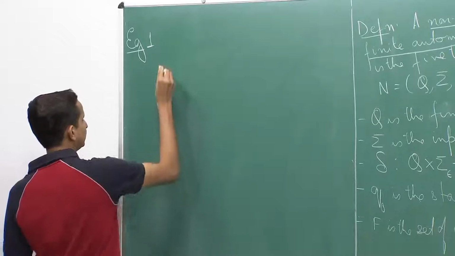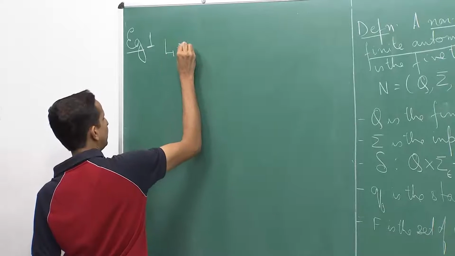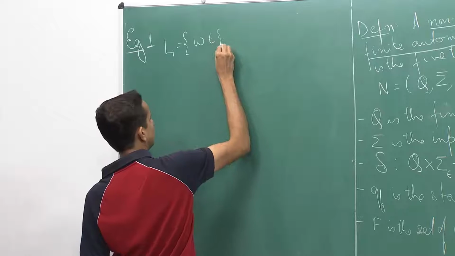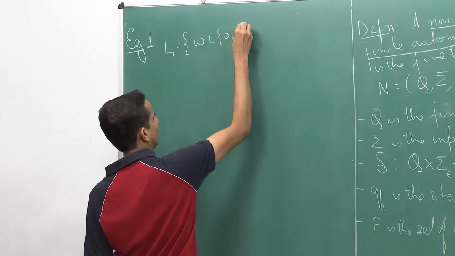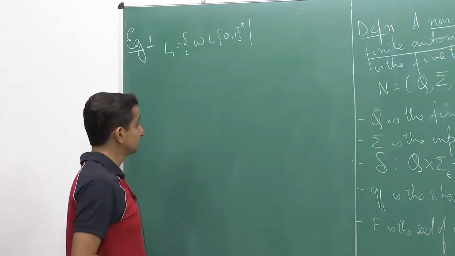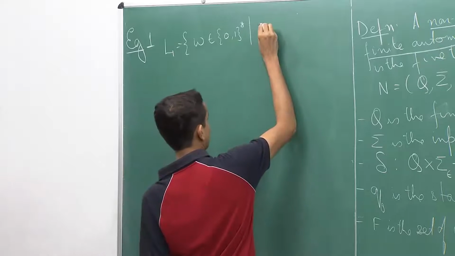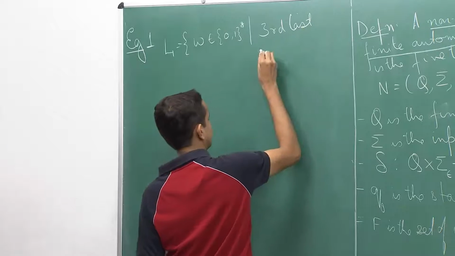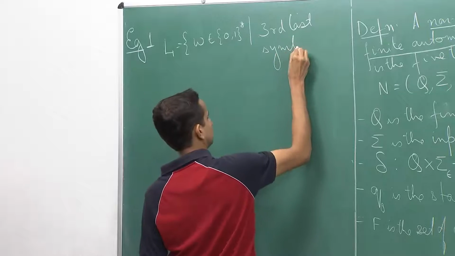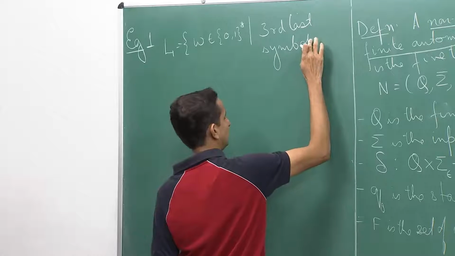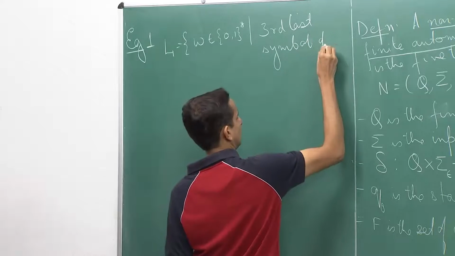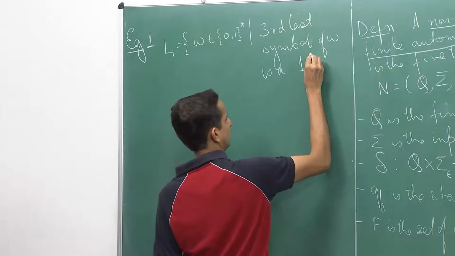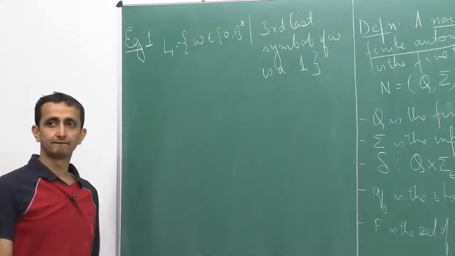So consider the language L1, which is the set of all strings W over 0, 1, such that the third last symbol of W is a 1.